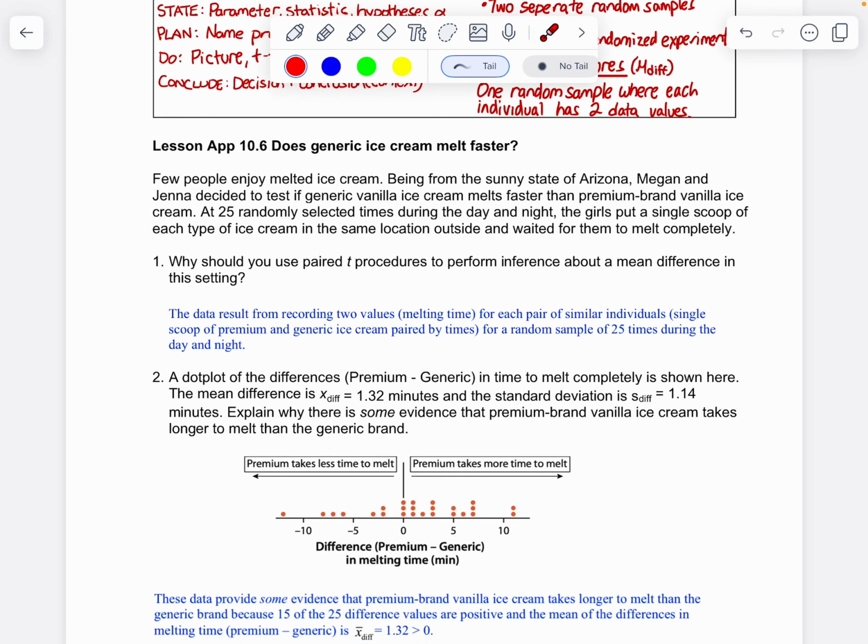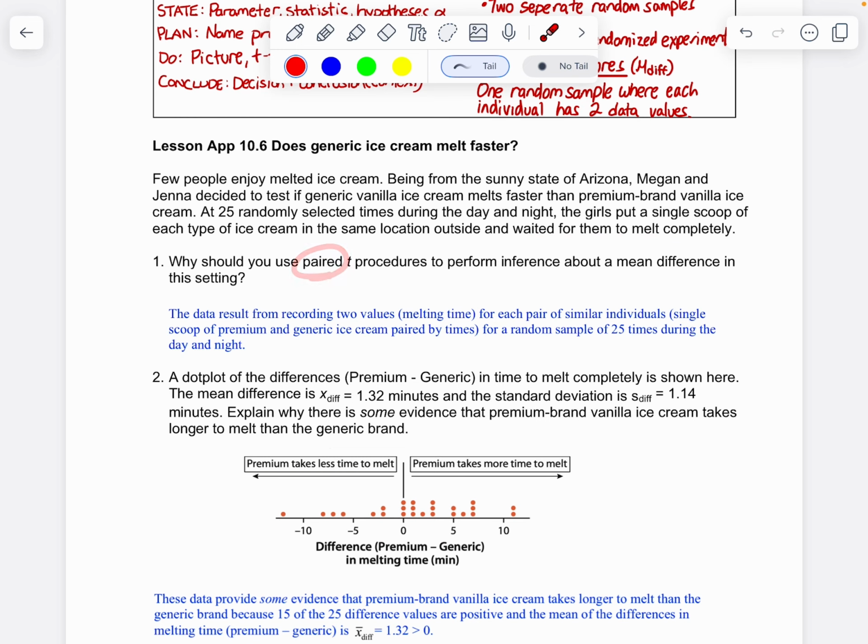The lesson app is about ice cream. It's kind of a fun story. It's wondering if generic vanilla ice cream melts faster than the premium ice cream. What they did is at 25 times during the day and night, the girls put a single scoop of ice cream of each type outside and waited for them to melt completely. This again is a paired t-test.